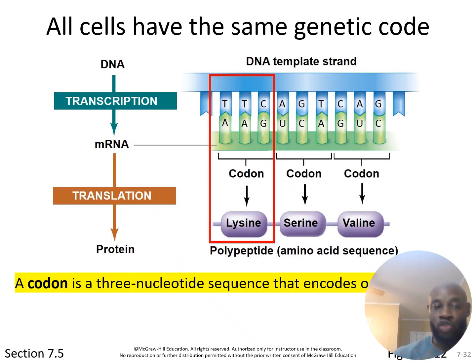Translation. So transcription, we went from DNA to RNA. We actually call the RNA that we go to mRNA, messenger RNA. It takes the message from the DNA, so we call it messenger RNA. But then at the site of the ribosome, we have what is called translation, right?